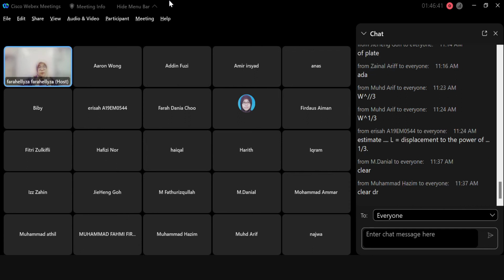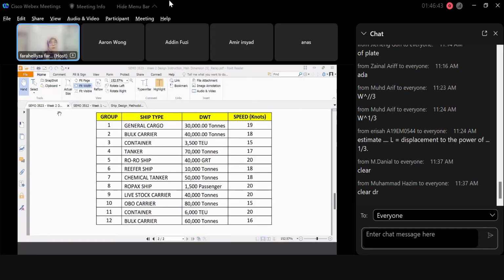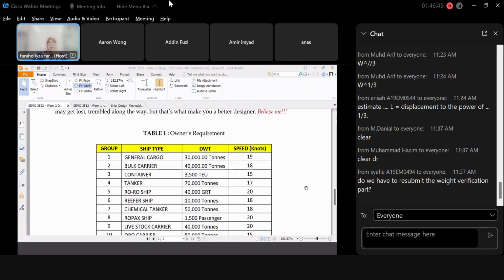Okay. So here I just like to recap on this one. No, no, you don't have to submit. But you have to relook again at the weight verification part. If you do not have that weight verification part, you need to relook, because the assessment is already done. So if you submit the weight verification to me, there's nothing I can do to change the marks previously.